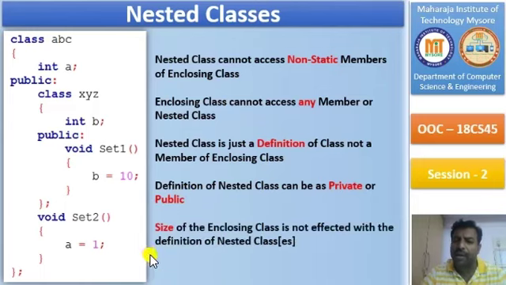And as class XYZ is just a definition, not a member, it is not going to have any data size or memory size. Hence, the size of the enclosing class is not affected by the definition of the nested class or nested classes.